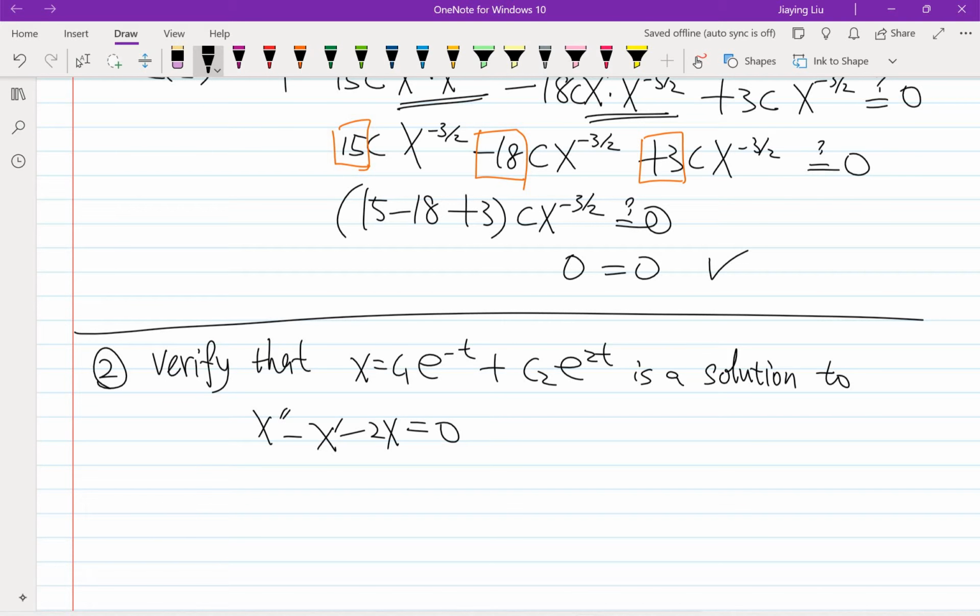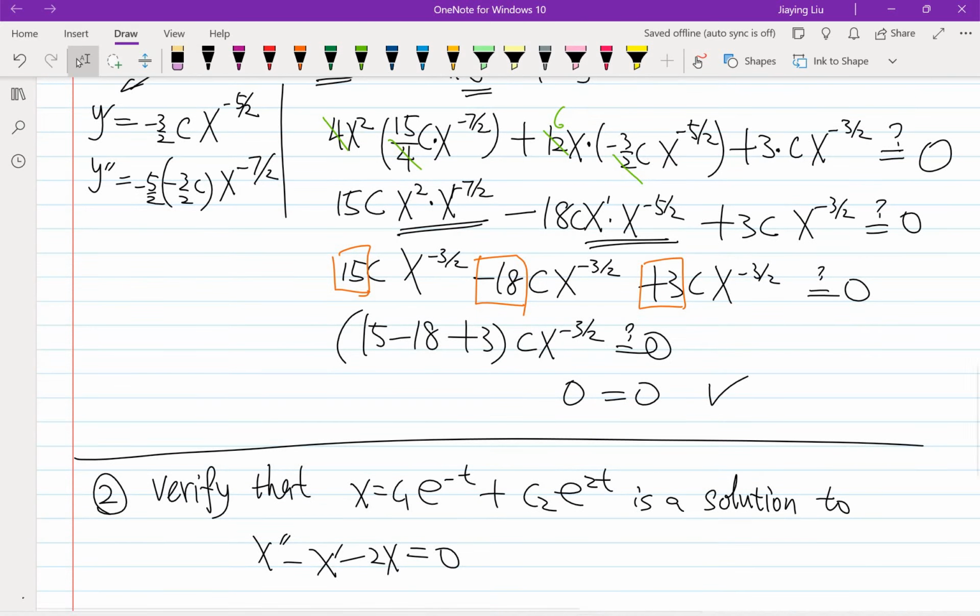In this case, it's different from before. In the previous example, x is the independent variable, and y depends on x. But here, x is actually the dependent variable. It depends on t, which is the independent variable.